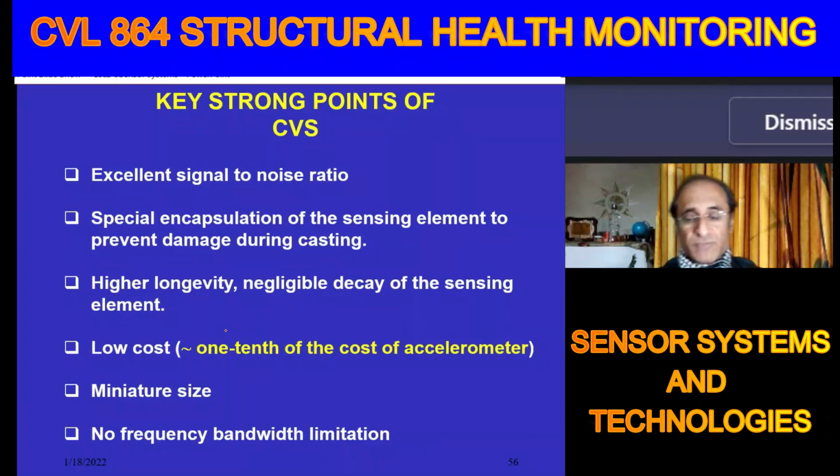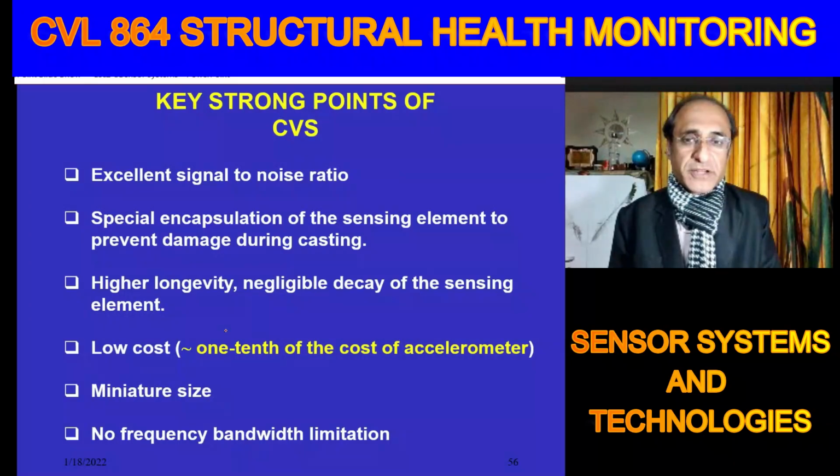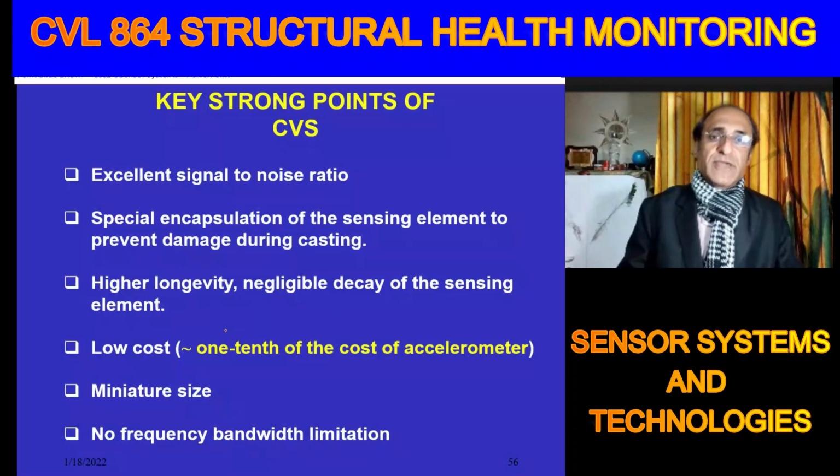In the case of piezo versus accelerometer, to measure any frequency, the frequency should be very low as compared to the natural frequency of the accelerometer assembly. But in the case of piezo, we don't have any limitation, as long as your data acquisition system can measure the high frequency electrical signals. It's not a limitation from the material side or from the device side.